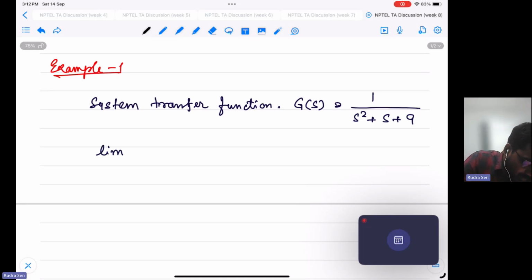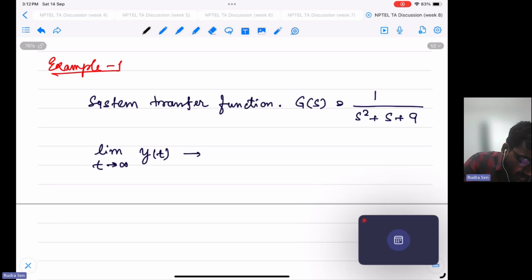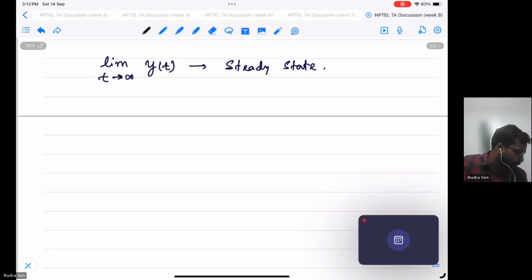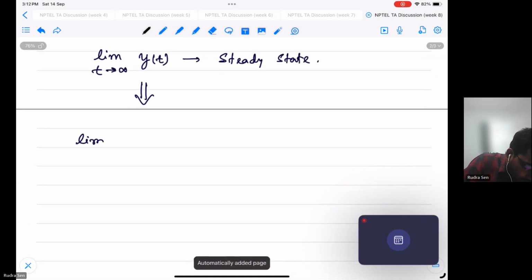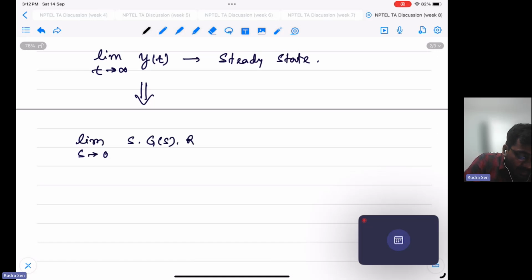It is the limit as t tends to infinity of y(t). There is the final value theorem. So this steady state can be written as the limit as s tends to 0 of s times G(s) times R(s).